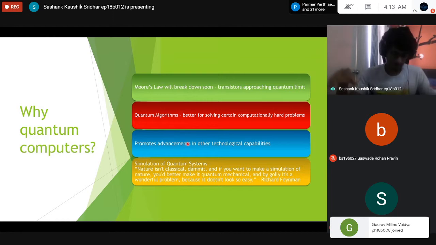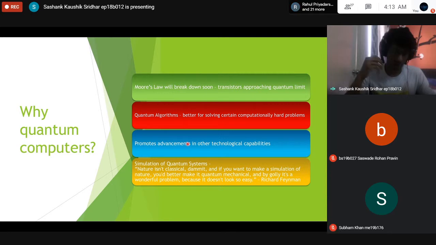And last but not least, this is a quote I've mentioned by Richard Feynman, which talks about how the simulation of quantum systems is not really possible to achieve, at least in this current day and age, using the computers we have, because classical systems are just not natural to try and simulate a quantum system using a classical computer, right?